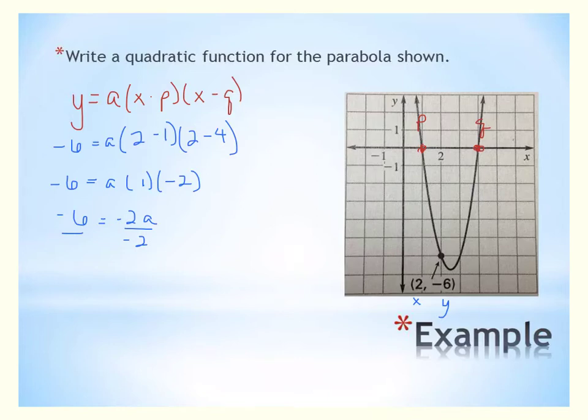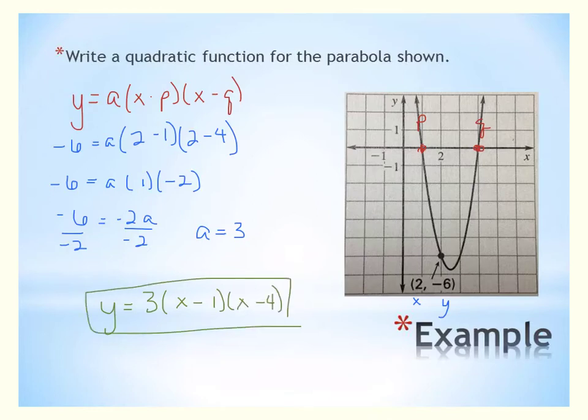This means that a is going to equal 3. Then my form is y equals 3 times (x minus 1) times (x minus 4). You're looking for all the other variables besides x and y so that you can replace those.